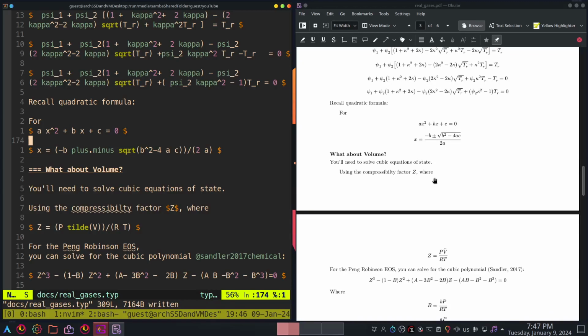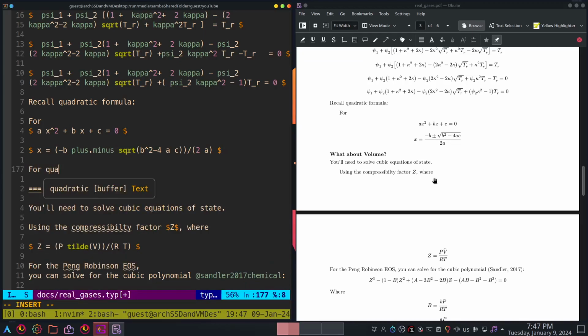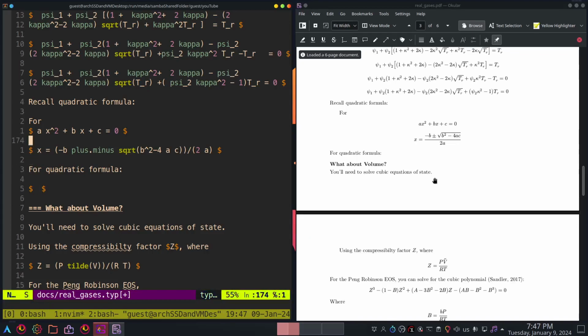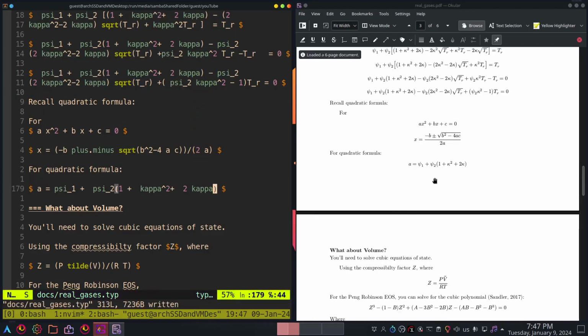So that is over here. So for the quadratic formula, what's the A? A is psi1 and psi2, all of this, this whole lot here. B is this psi2.